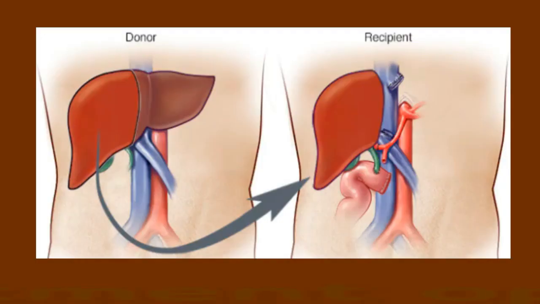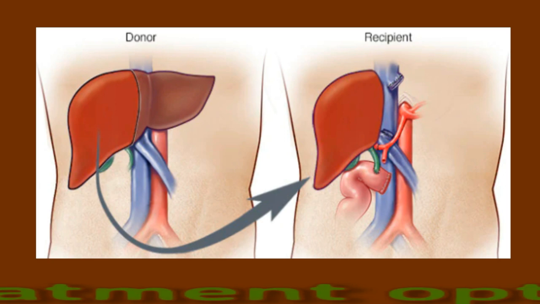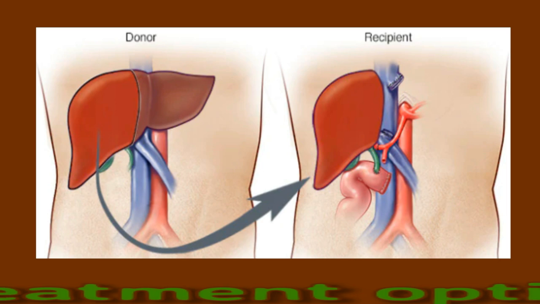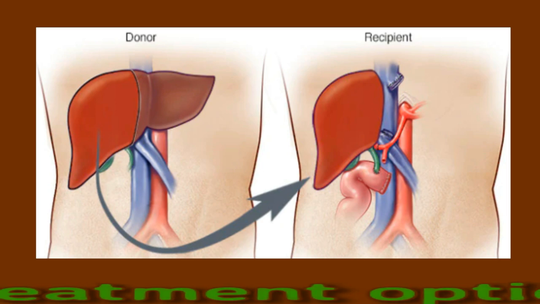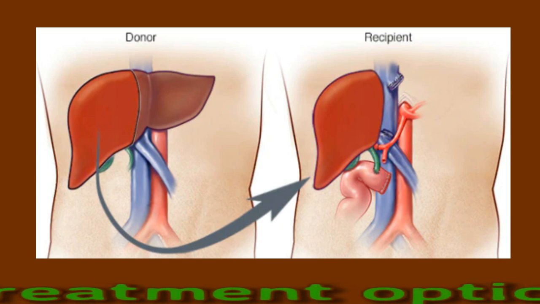Treatment options. Treatment for liver disease is likely to vary depending on the stage and underlying cause of the disease. If a person receives treatment at the inflammation or fibrosis stage, there is a possibility that the liver can reverse the damage.